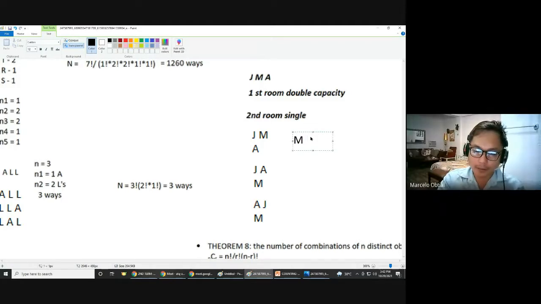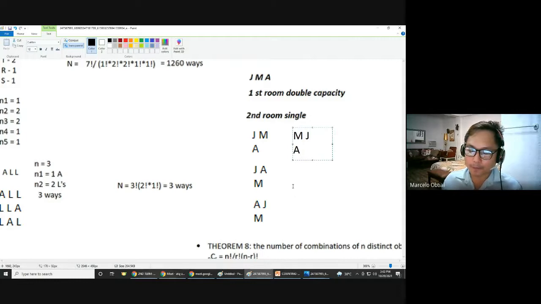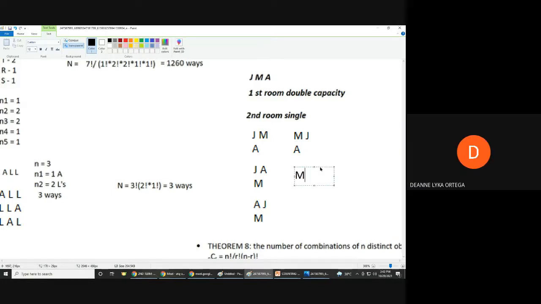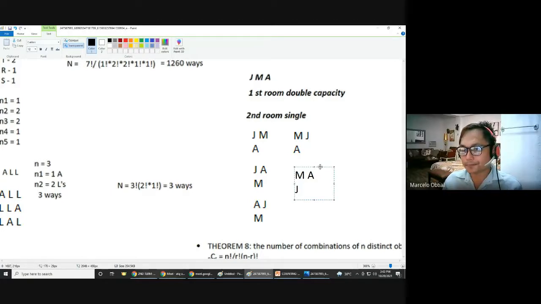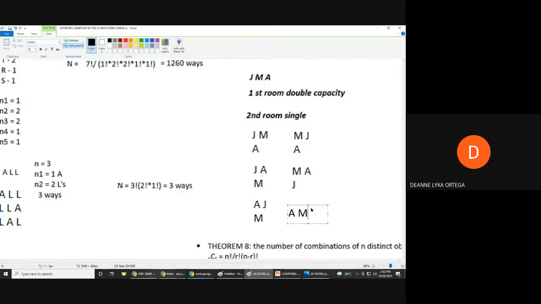M and J. Then, second room, A. Okay, what else? M and A, sir. M and A. Then J. Is there more? A and M. A and M. Then, J.